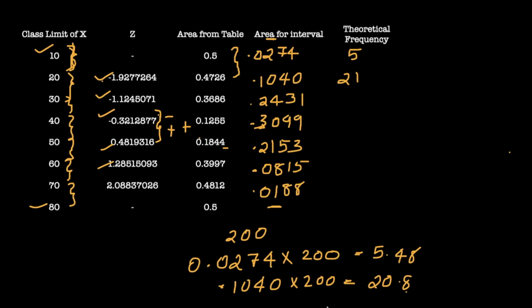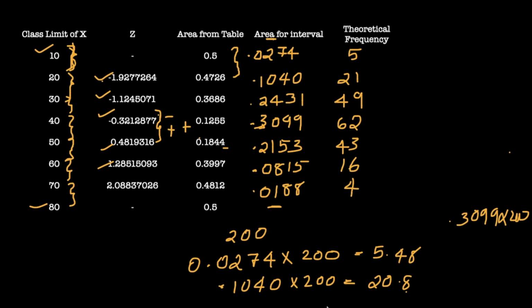We will get it as 48.62, so we will round it off to 49. Then 0.3099 into 200, we will get it as 61.98. We will take it as 62. And here it will be 3.76, and it can be rounded off to 4.